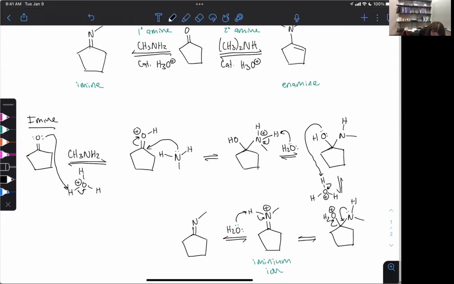So if I remove water, I'm going to favor the products. And if I add water, I'm going to favor the reactants.